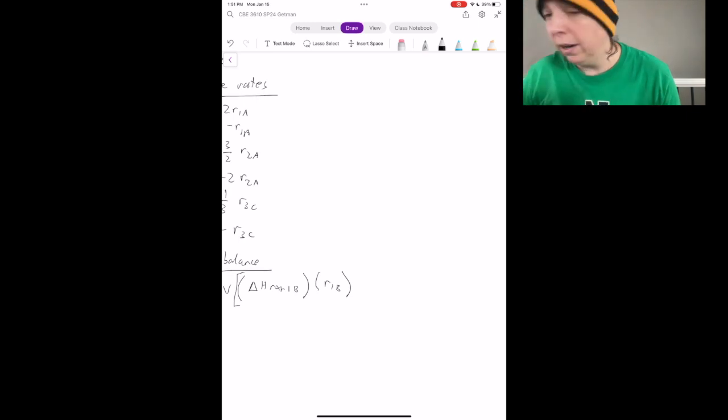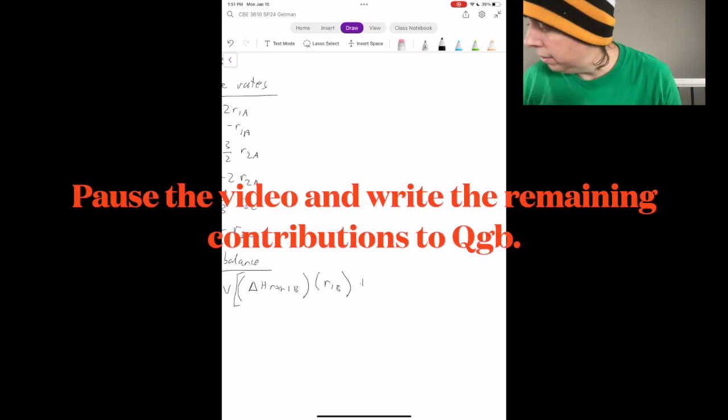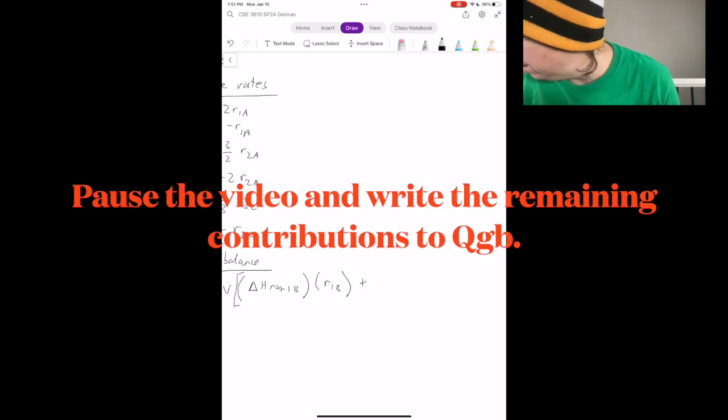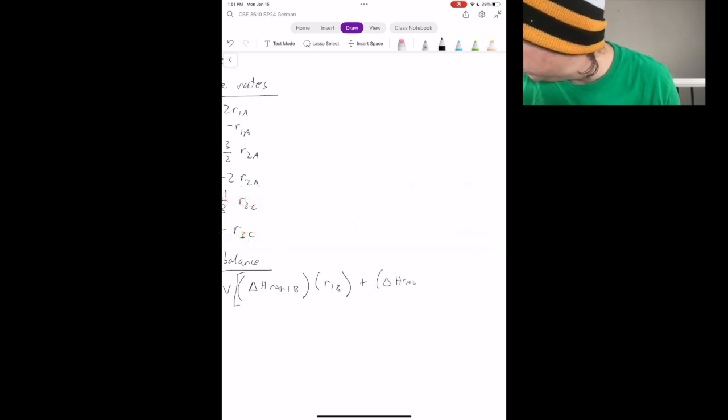Okay, so now let's do this for our other reactions. The heat of reaction 2 is in terms of species C, so I'm going to write the relative rate of species C in reaction 2.